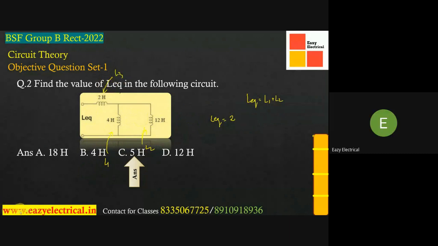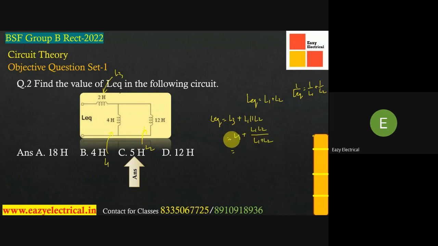L equivalent will be L3 plus L1 parallel L2. Now, for parallel operation, 1 by L equivalent will be 1 by L1 plus 1 by L2. From this you can write L3 plus L1 L2 by L1 plus L2.